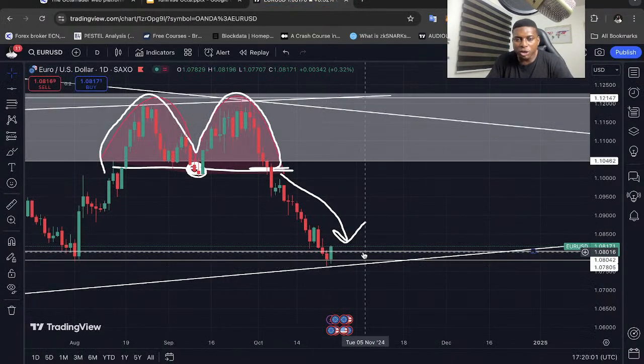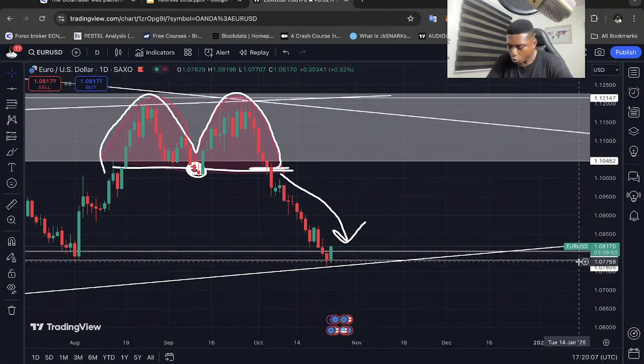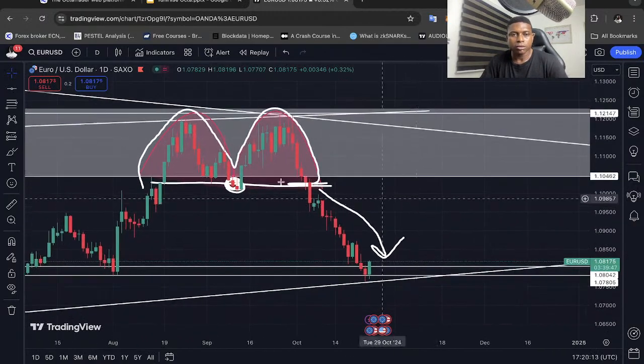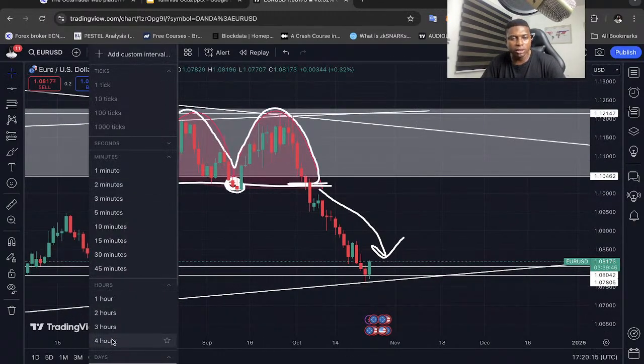So price is only going to sell off when it drops below 1.0765. All right, good. So let's go down to the 4 hours time frame.